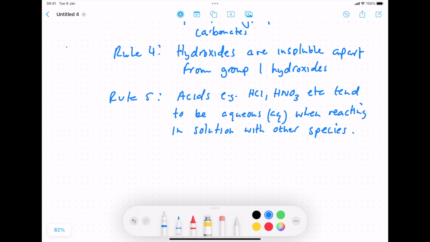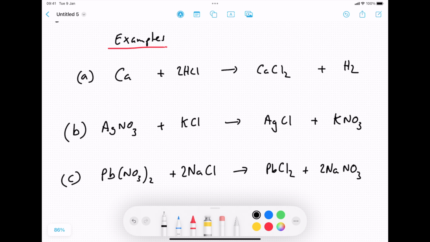So let's see what these rules look like in practice. The first one, start with the obvious, which is usually the elements. So hydrogen is a gas, calcium is a solid. Then acids reacting generally tend to be aqueous. And then calcium chloride is a salt formed in solution, so that is aqueous as well. For B, start with the things that we recognize. So we know that nitrates are always soluble.